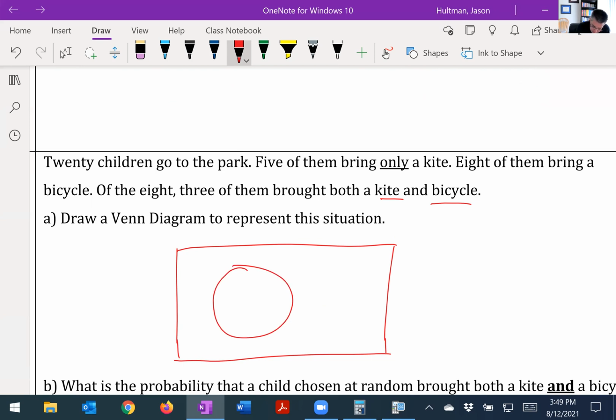So we're going to have kite and bike. Draw a better circle than that.